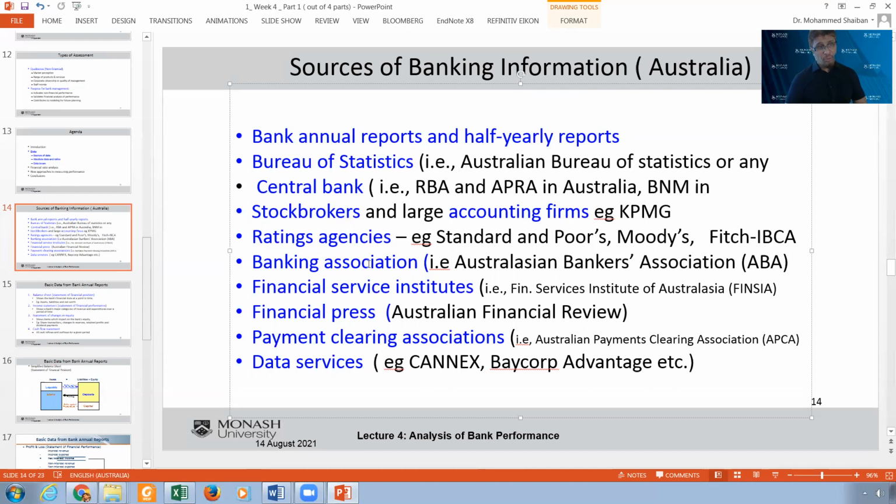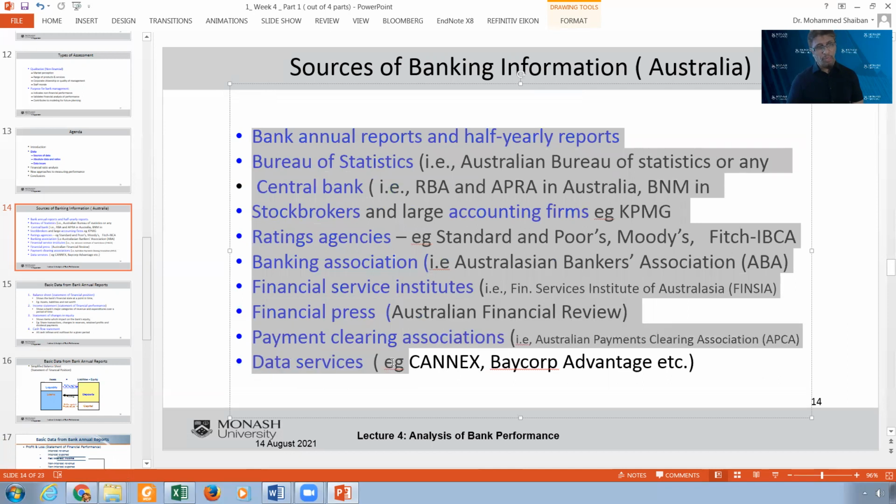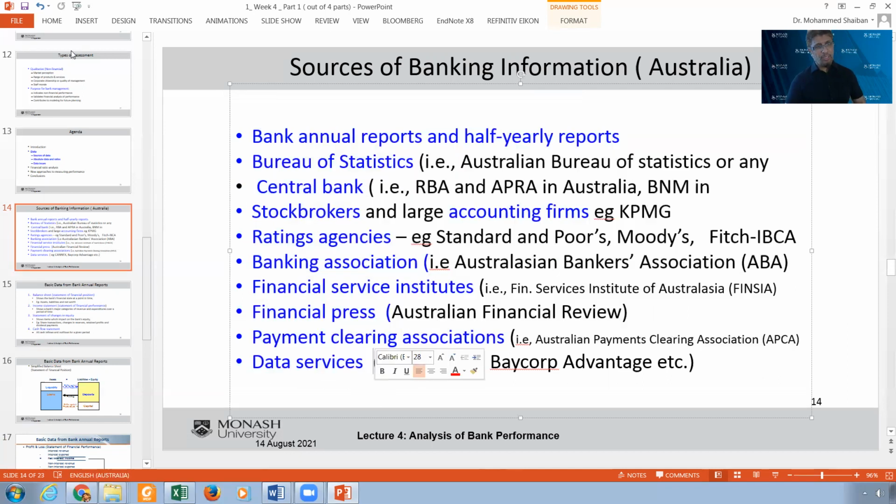Financial service institutes, and the financial press is one of the most important, because the financial press always provides information. Payment clearing associations also provide information about banks, and also data services. So you can get your information from all those sources. Some of them you can buy, like the data services.